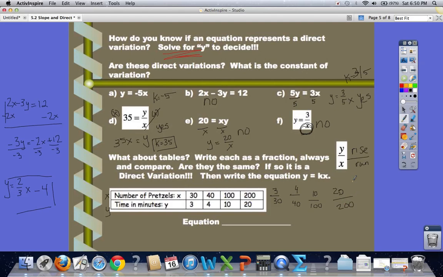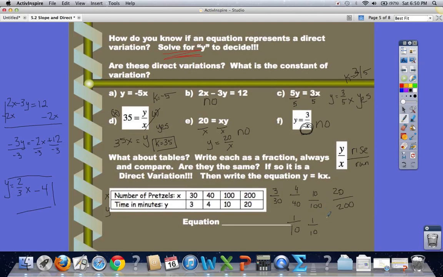And we're going to divide each one of these and see what we get. When you divide 3 over 30, you get 1/10. When you divide 4 over 40, you get 1/10. Remember, we don't do decimals, so make sure you hit math enter, enter.